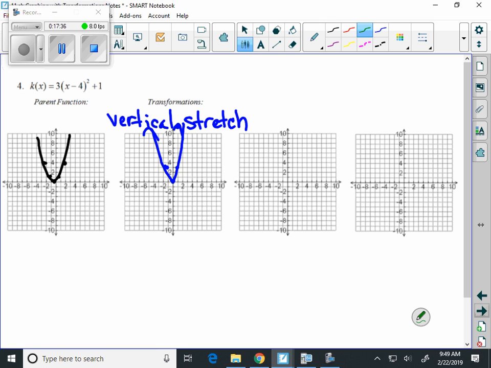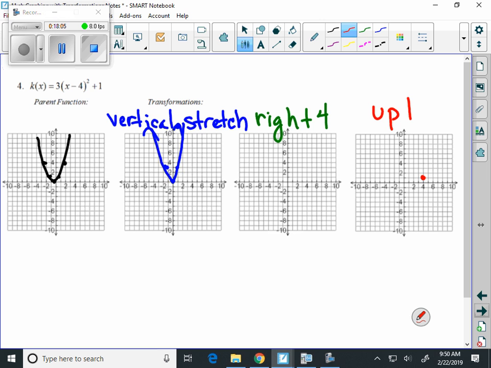Next one, minus 4, means that we're going to go right 4. And because I'm running out of time on this problem, I'm going to go over here 1. And right 4 up 1 gives us a vertex. Right 4 up 1. And we already have the pattern on here.